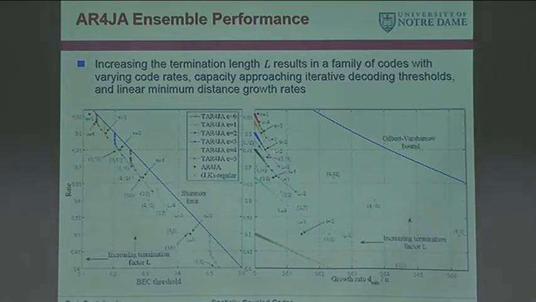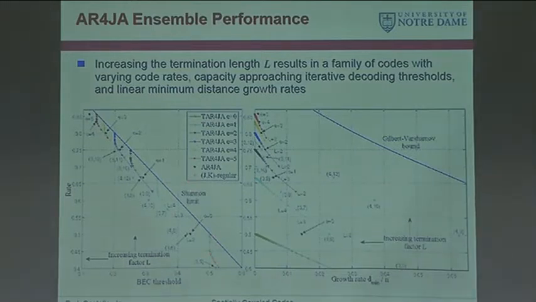But again, as your termination length gets large, the minimum distance growth rate goes to 0. But again, the key parameter is that these have free distance growth rates also. We haven't analyzed those, but the convolutional versions would have free distance growth rates.